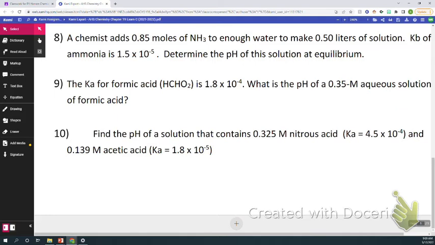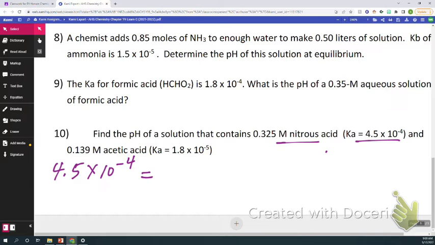If you negative log H plus, that's the pH. So, they gave you Ka. I think what they want you to do is just simply do two separate problems and just add up the H pluses together.